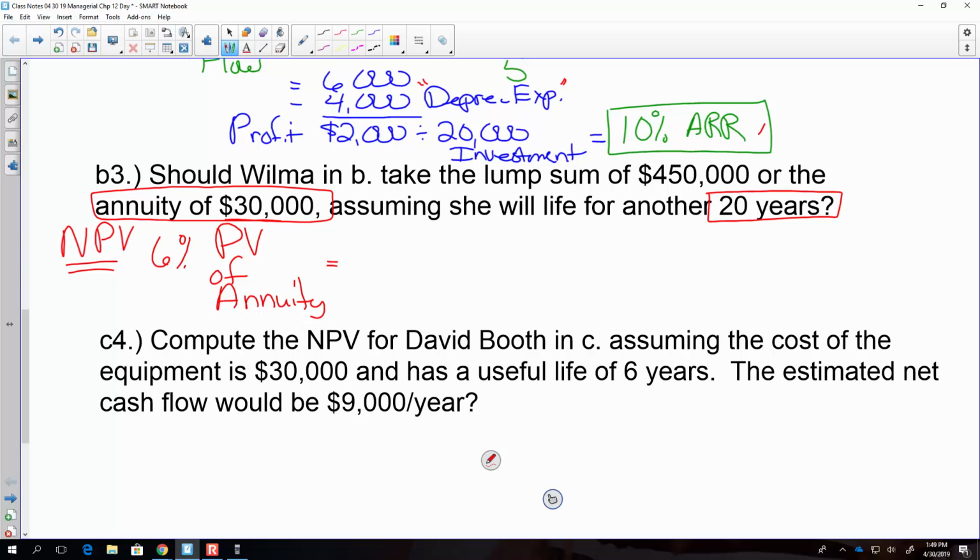In order to do a net present value, we have to know the required rate of return. You can't do a net present value without it. So I'm going to take the 30,000 and multiply it by the discount factor.